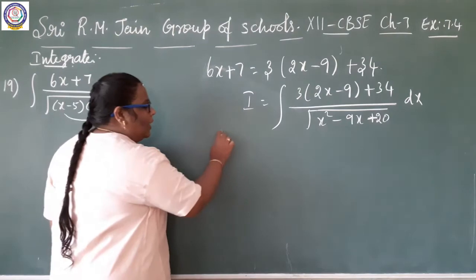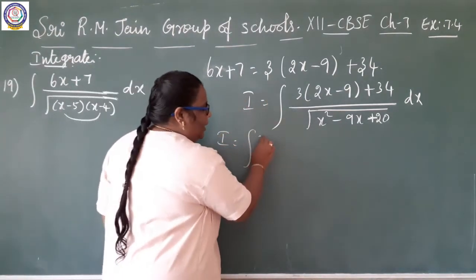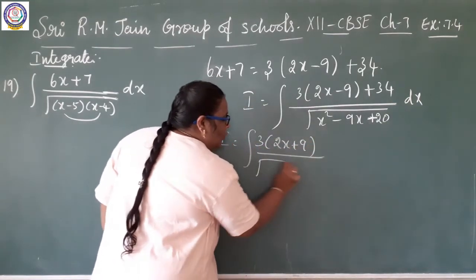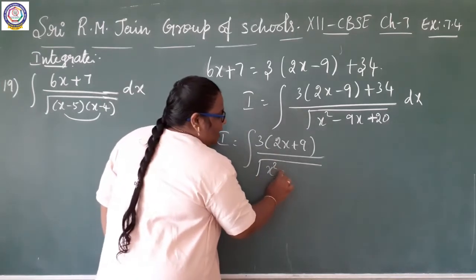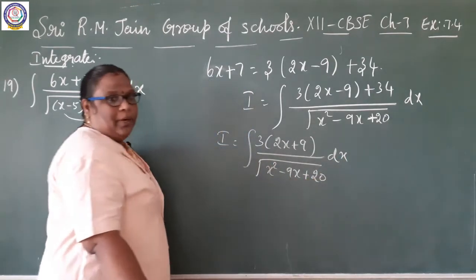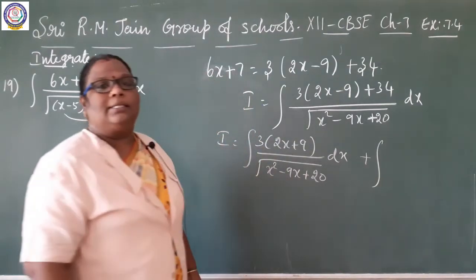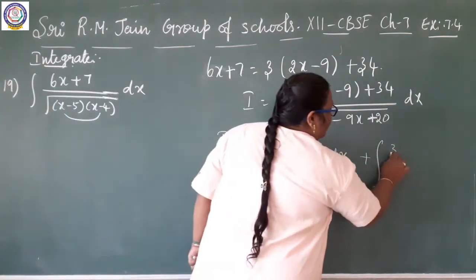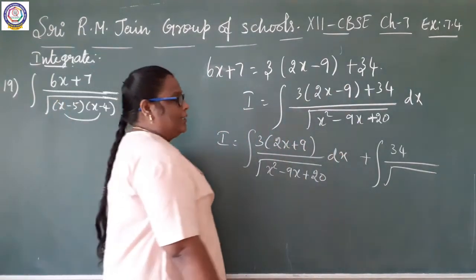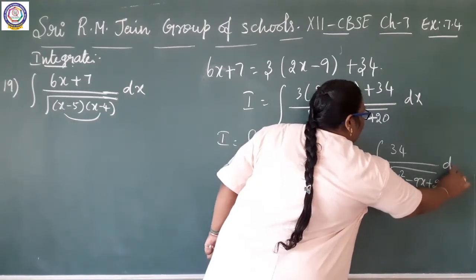So I equal to integral, you split the term: 3 into (2x minus 9) by root of x square minus 9x plus 20 into dx, plus integral 34 by root of x square minus 9x plus 20 into dx.